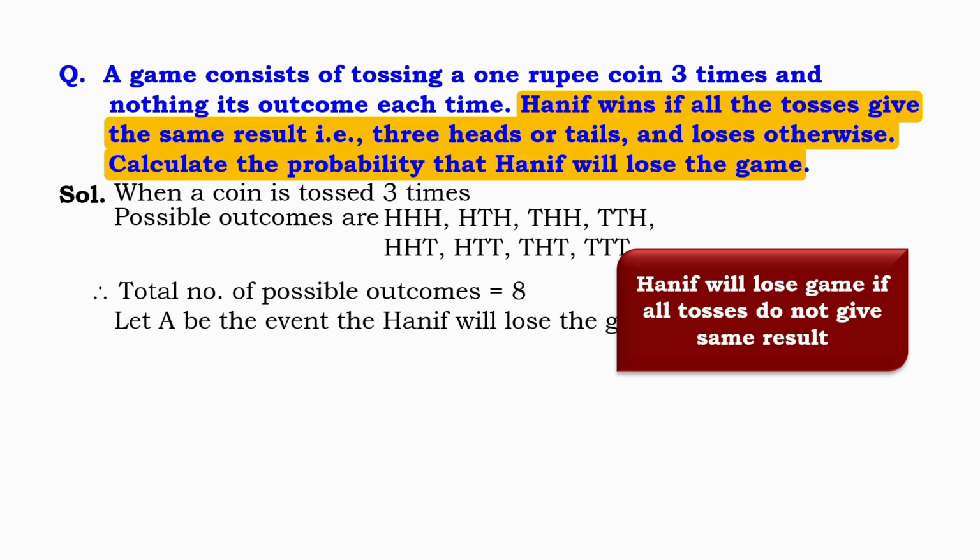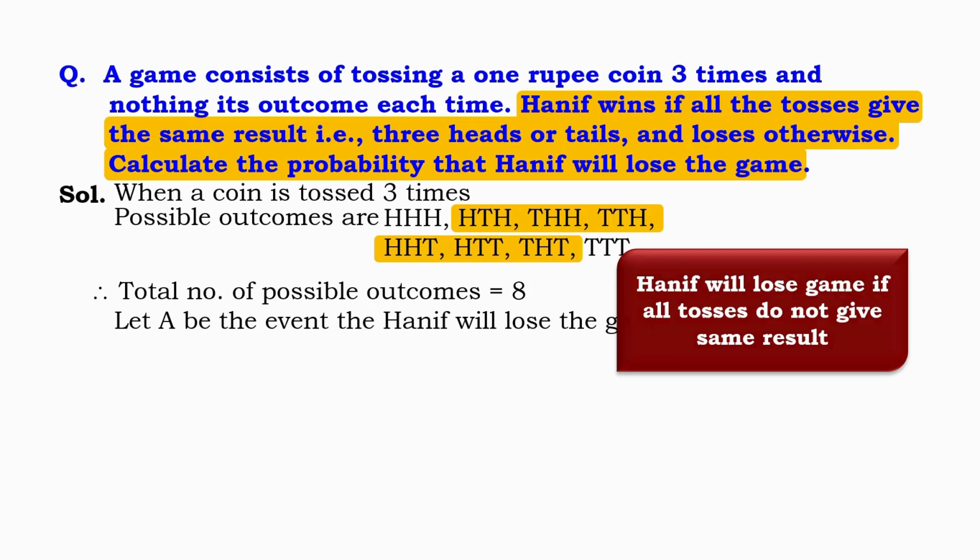The winning criterion is to give the same result, so the losing criterion will be to not give the same result. So what are the cases here for not giving the same result? We have to exclude 3 heads and 3 tails. So the rest are: HHT, HTH, THH, HTT, THT, TTH.